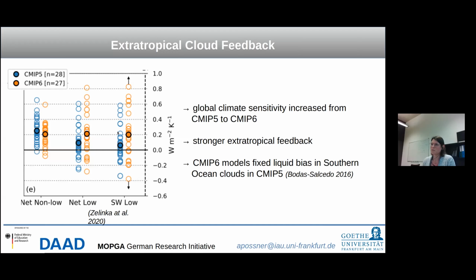And what you see here in blue is a past generation CMIP configuration for the earlier IPCC report, and in orange you see the new generation of climate models.